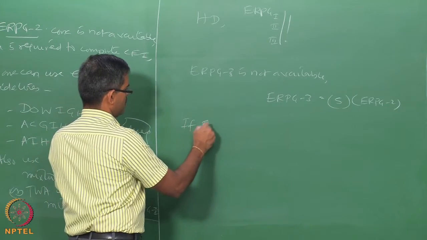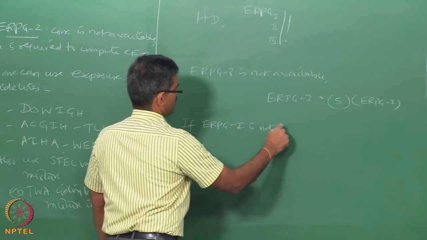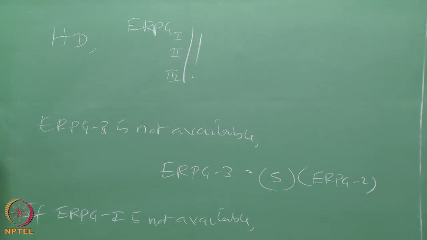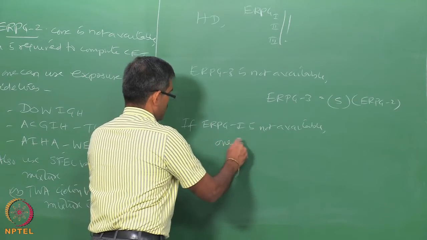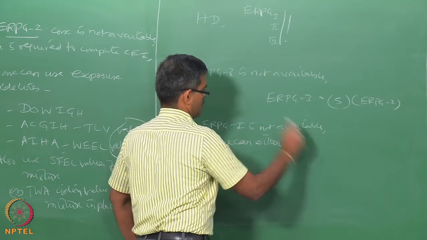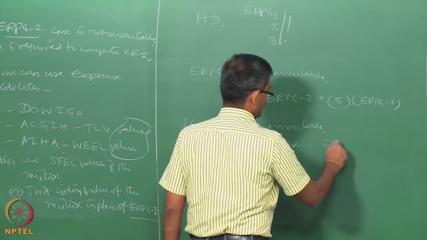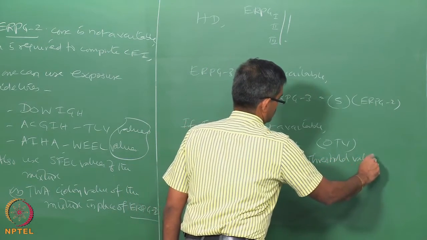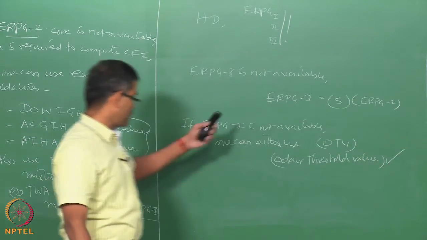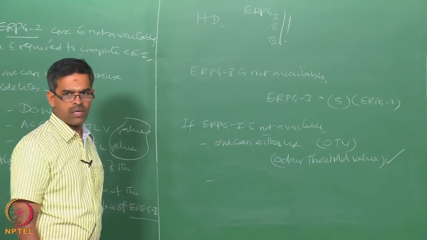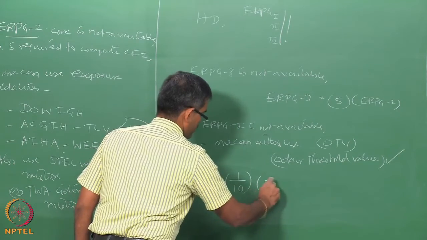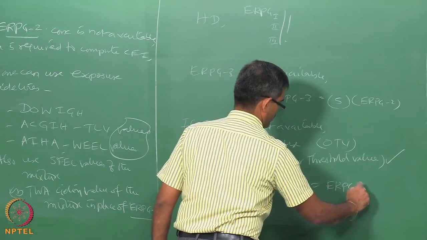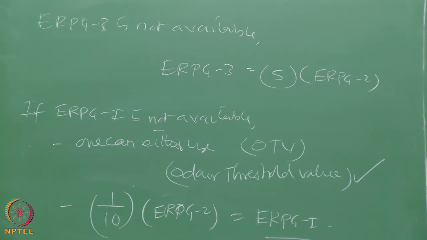If ERPG 1 is not available or not listed in the table, then one can either use the odor threshold value, OTV, available in the literature in place of ERPG 1, or one can use 1 by 10th of ERPG 2 as ERPG 1, in case they are not available.